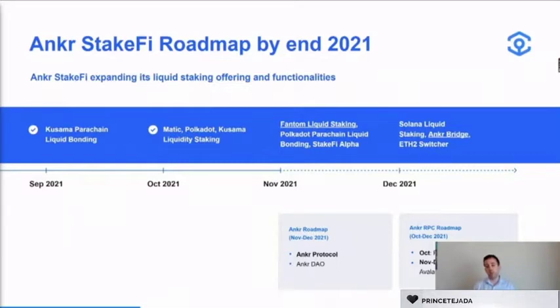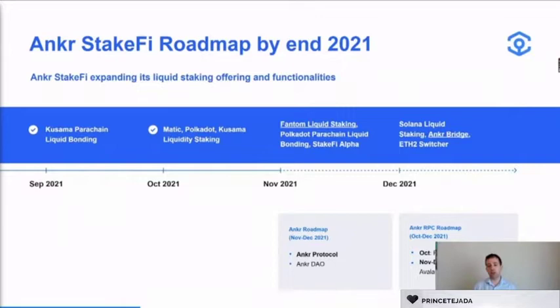We're also going to enable the StakeFi Alpha dashboard, which is a data aggregating tool that will summarize all yield farming opportunities for Ankr liquid staking tokens, to make it easier for you to explore DeFi and yield farming with our tokens. Then in December, we're going to release our other products.